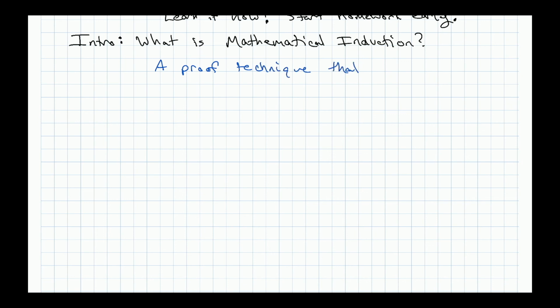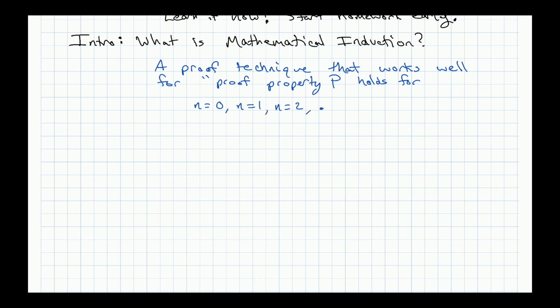A proof technique that works well for proving property P holds for n equals 0, n equals 1, n equals 2, etc. Like that.